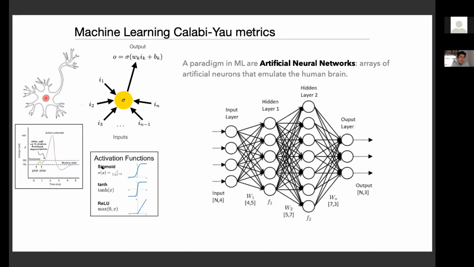This response can be parameterized by some nonlinear activation functions, and here there are some of them: the sigmoid, the hyperbolic tangent, and ReLU. You can arrange these neurons in layers, and this is how you produce a deep neural network that takes outputs from the previous layer and gives you inputs for the next.